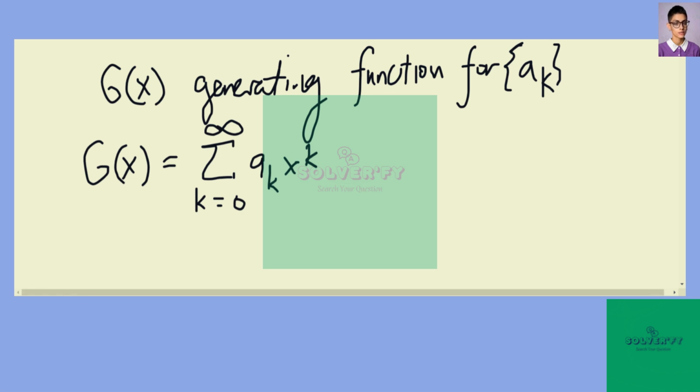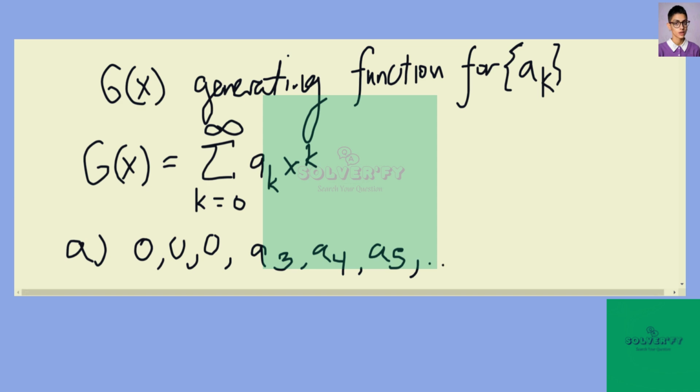In part A, we're given the sequence 0, 0, 0, a3, a4, a5, and so on. So this is the same sequence as a_k, except the first three terms are 0.